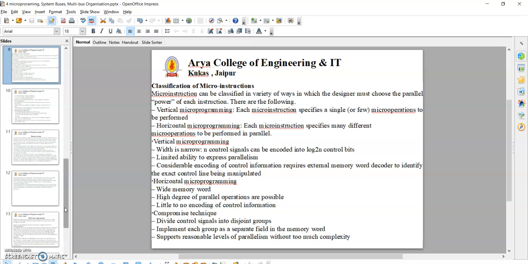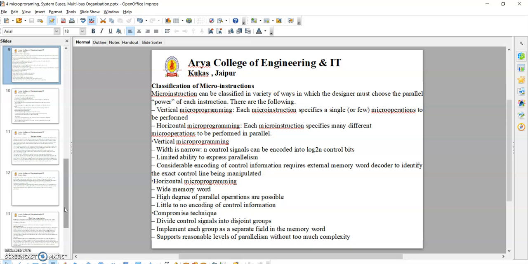In vertical programming, the width is narrow and there is limited ability to express parallelism. In horizontal programming, the wide memory word is there and a high degree of parallel operations is possible.